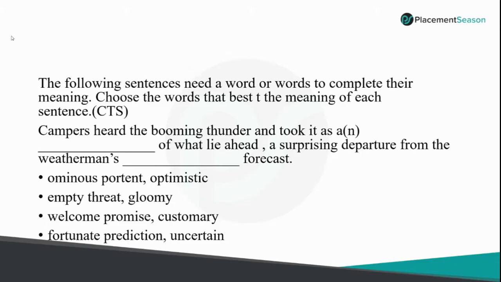Campers heard the booming thunder and took it as an omen of what lies ahead, a surprising departure from the weatherman's optimistic forecast. So now I want you to tell me the meaning of omen. Comment down and I'll tell you if your answer is right or wrong.